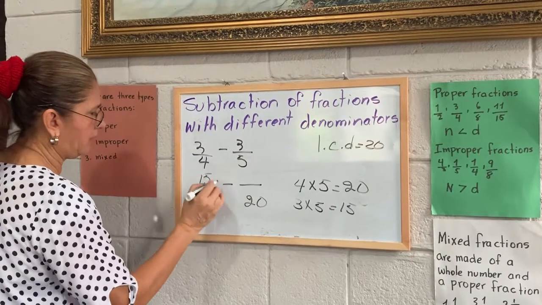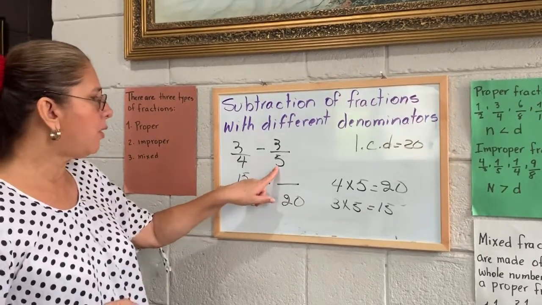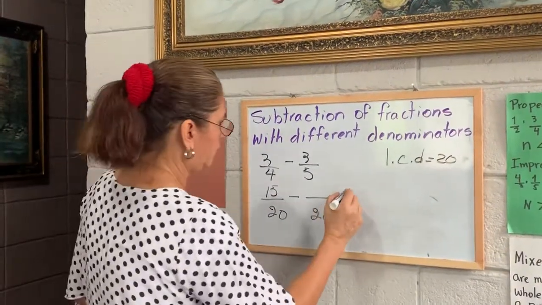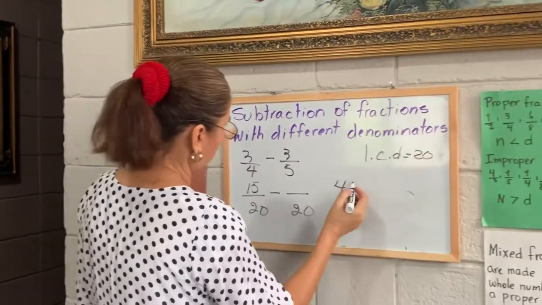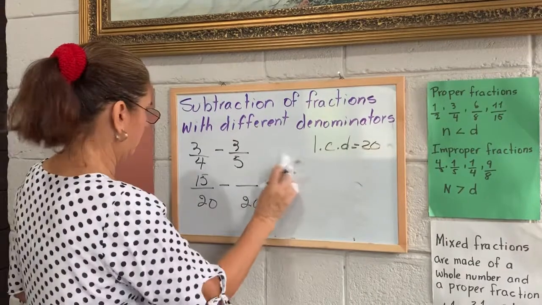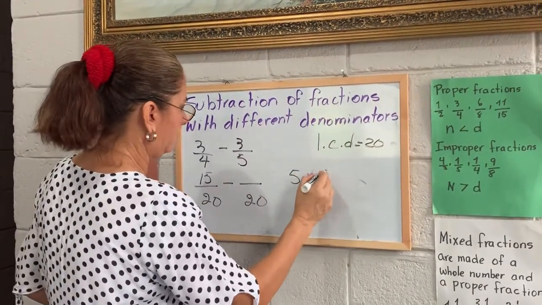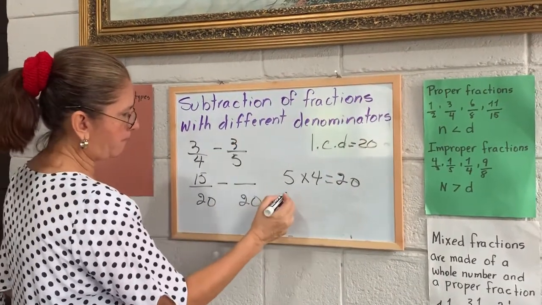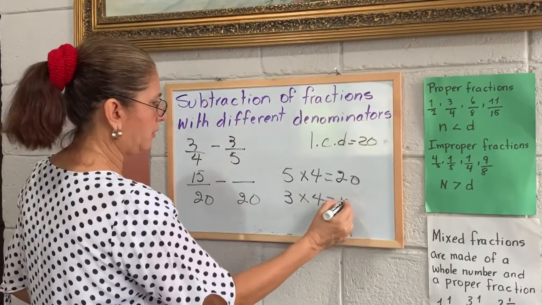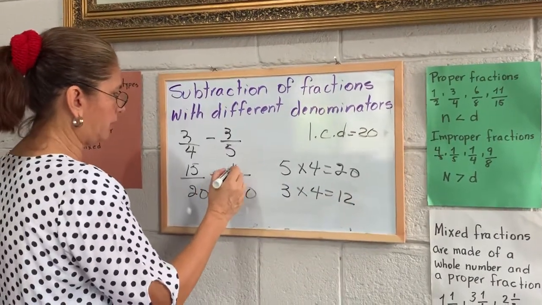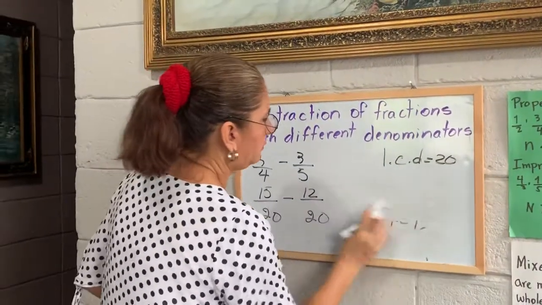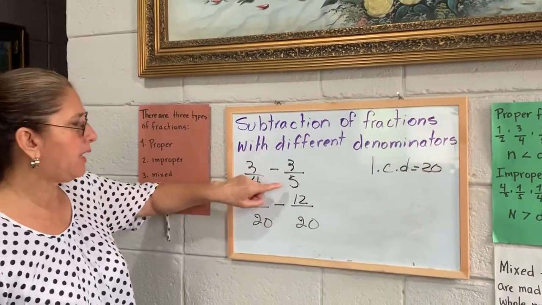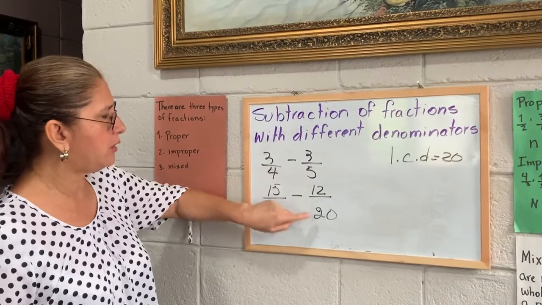We write 15 there, minus. What number do you multiply 5 by to get 20? It is 4. 5 times 4 equals 20. So you have to multiply 3 times 4 equals 12. So you write 12 over here. Now the equivalent fraction for 3/4 is 15/20. The equivalent fraction for 3/5 is 12/20.